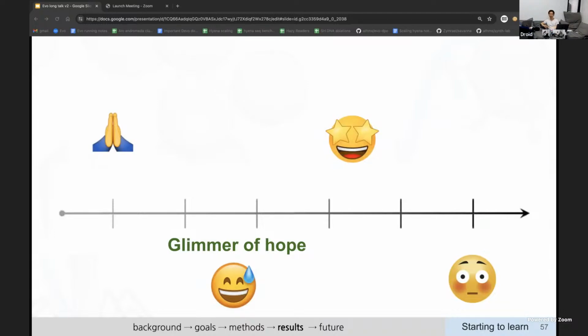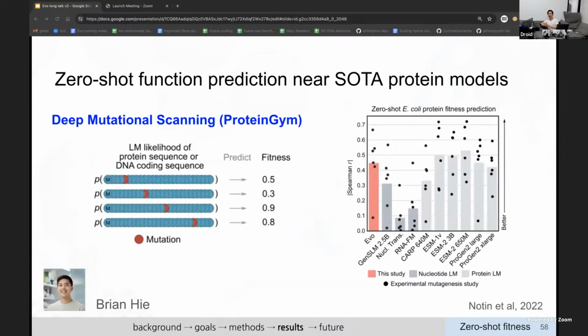But pretty soon we get to the stage I call the glimmer of hope, where we start probing the model to see what it's actually learning in terms of downstream tasks. The first set of tasks that we look at are protein function from a data set called ProteinGym, with the work headed by Brian Hie for this set of analyses. The idea here is we're going to do a deep mutational scan, which essentially means we take a sequence and mutate a random codon or random part of the sequence.